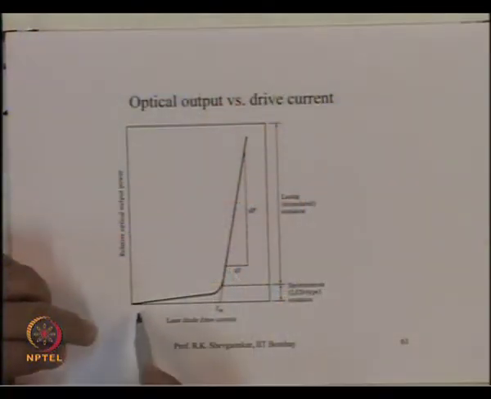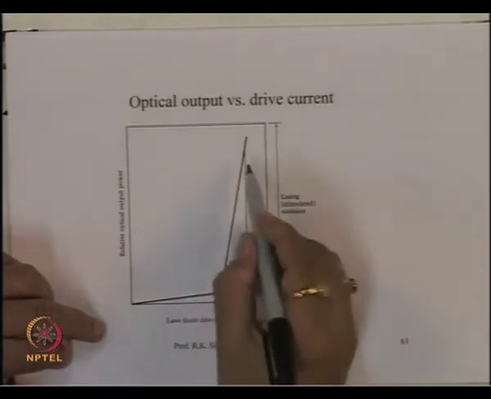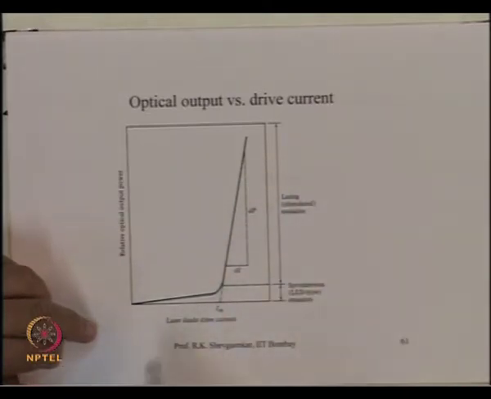So, if I consider data 0 and 1, and if I give the current corresponding to 0, which is 0, and the current corresponding to 1, which is greater than threshold, then you will see that the light output essentially will swing between 0 and suddenly some very large value. So, you will get an optical output which will switch by changing the current between two levels, one below threshold and one above threshold.